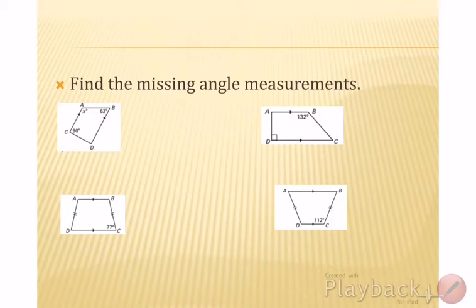Our one on the bottom, both of these are isosceles trapezoids. So base angles will be congruent. If C is 77, D is 77. And the difference between that and 180, if you wanted to go with consecutive angles, will be 103.